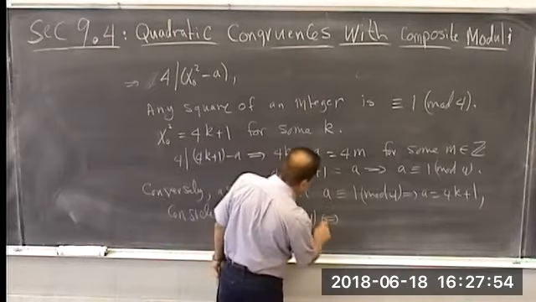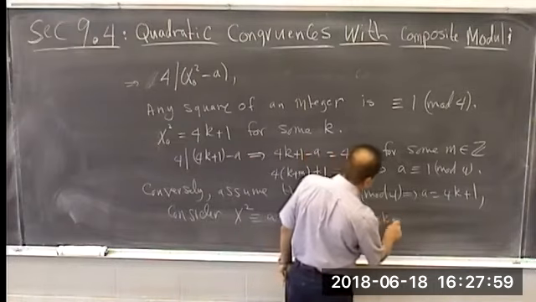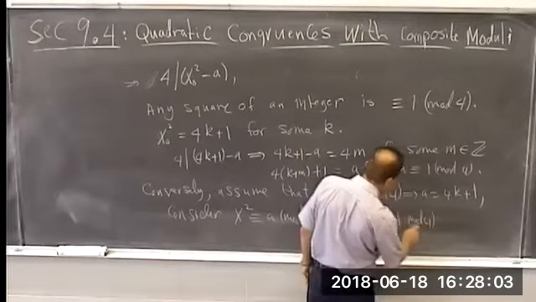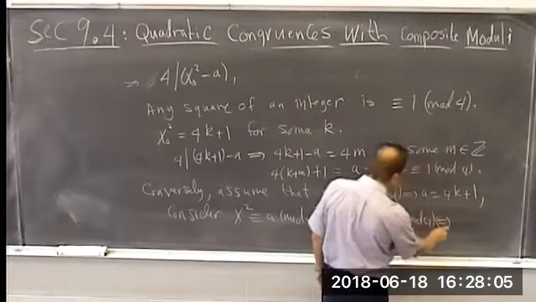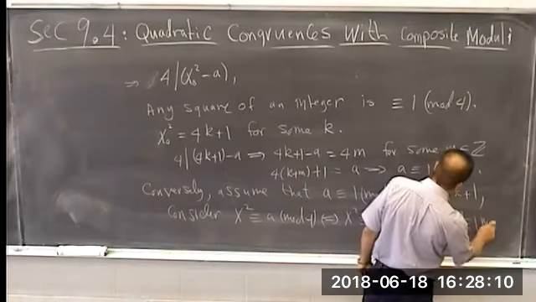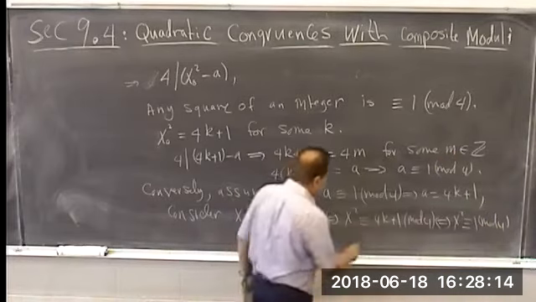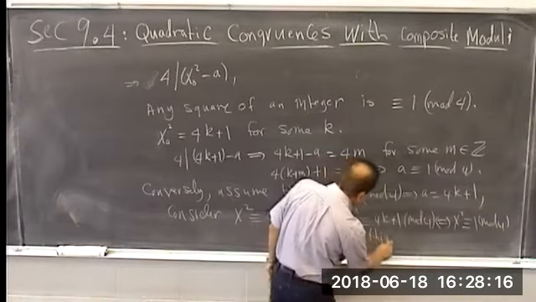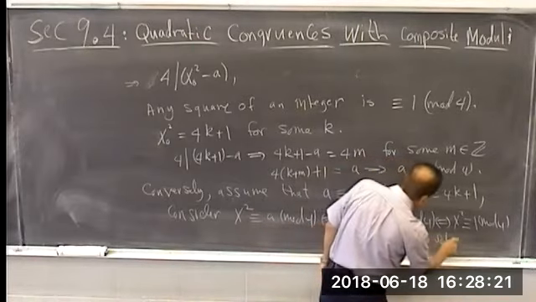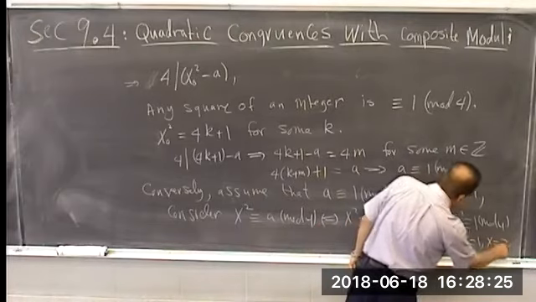This would be the same as x squared congruent to 4k plus 1 mod 4, and this is equivalent to x squared congruent to 1 mod 4. And this has two solutions, x equal to 1 and x equal to 3.